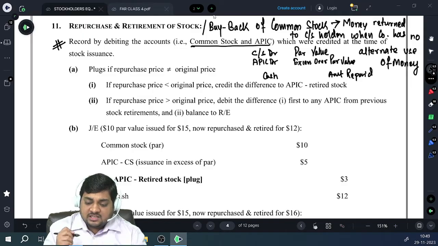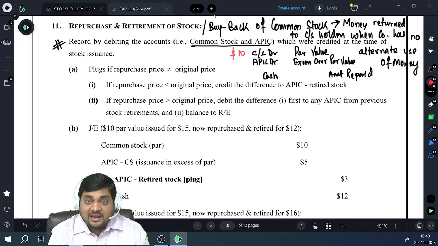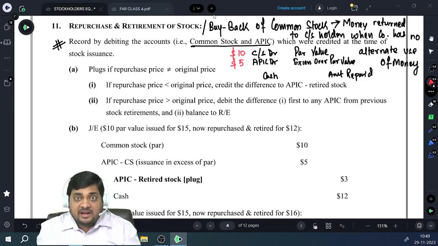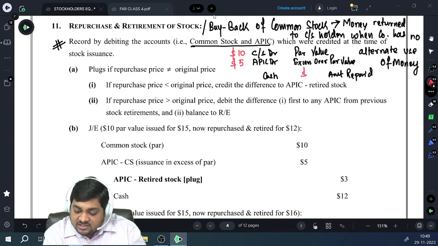So this is my original issue price. Suppose $10 was the par value and I issued at 15, so 5 was credited to additional paid in capital. So now at the time of repurchase 5 is debited, so total debit is 15, and I have repurchased it for say 13.